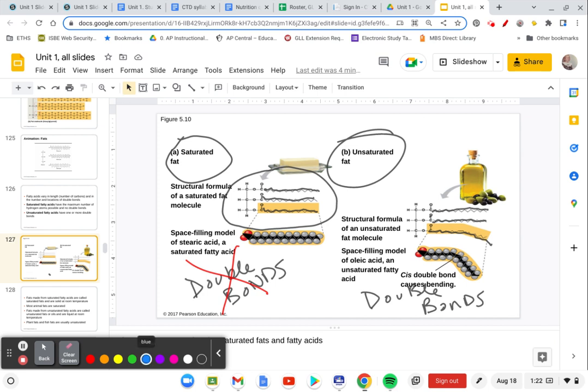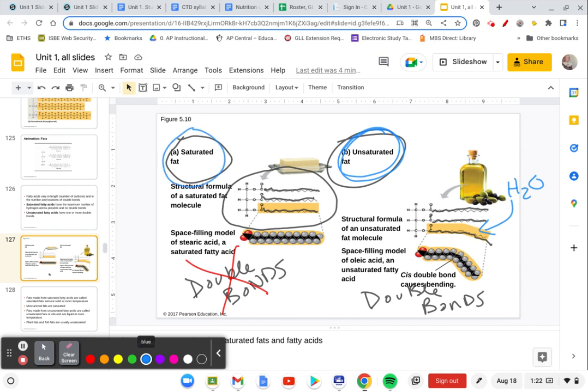So that allows water and enzymes to get in there more easily and help break apart the molecule. So the result is that unsaturated fats tend to be easier to digest and less likely to stick around in your body and cause things like heart disease.